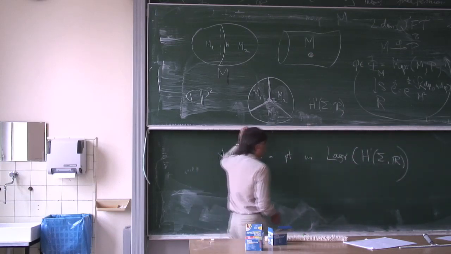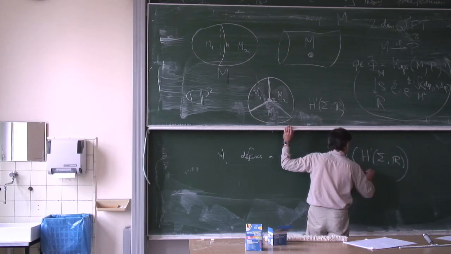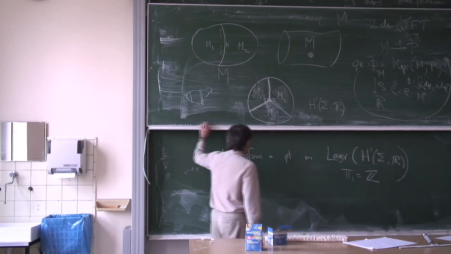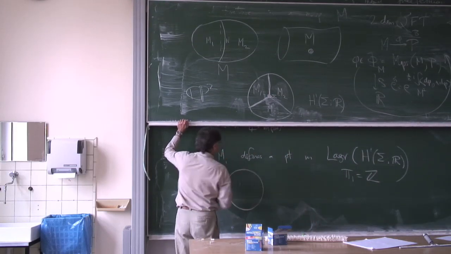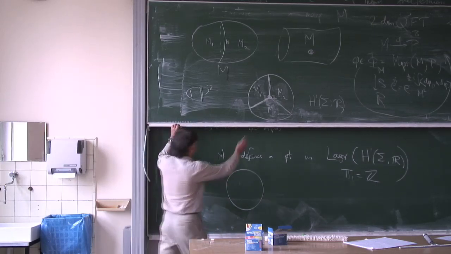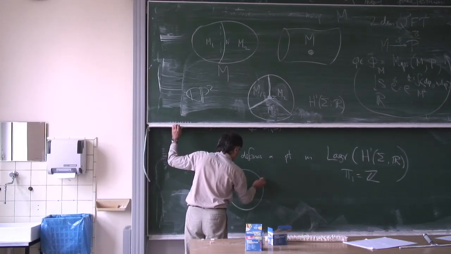Well, this is something, of course, of the space which is fundamental to the integers. So let's just draw that Lagrangian thing as a circle. Each of the three M's gives you a point in it.